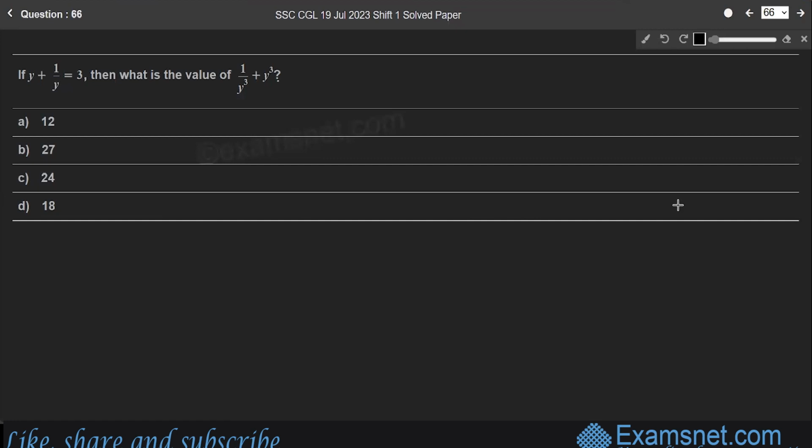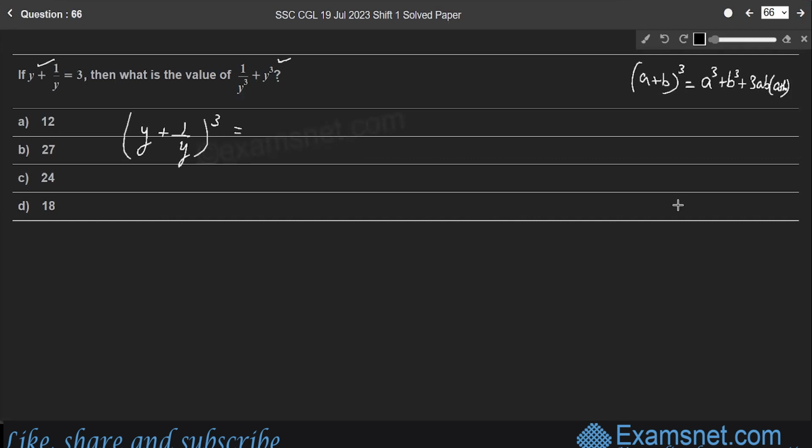Question 66. If y plus 1 by y is equal to 3, then what is the value of 1 by y cube plus y cube? So let us consider y plus 1 by y the whole cube, which is in the form of a plus b whole cube. A plus b whole cube is a cube plus b cube plus 3ab into a plus b.